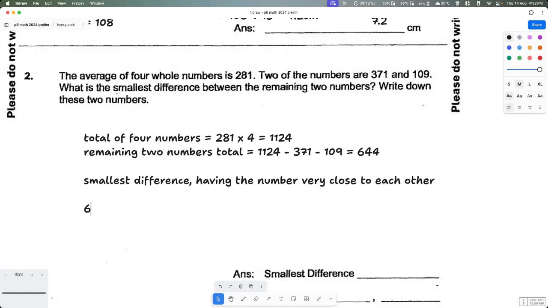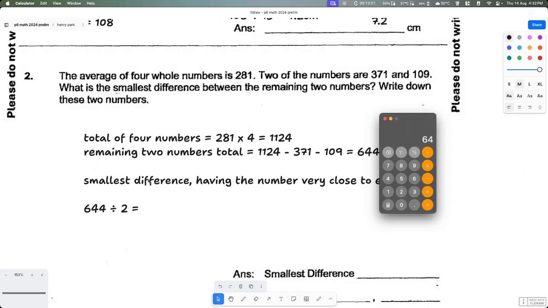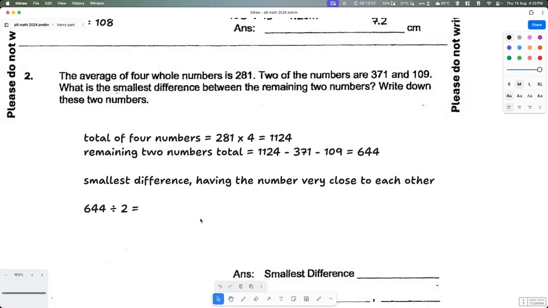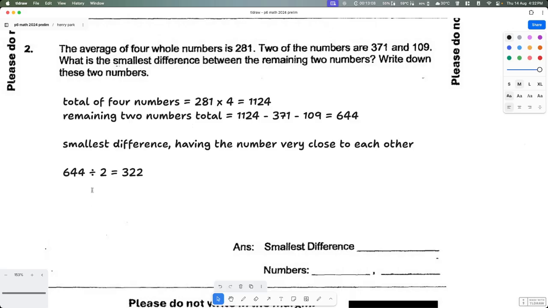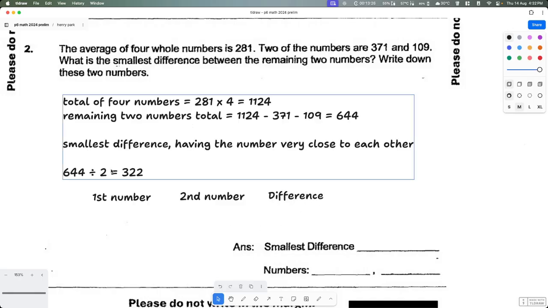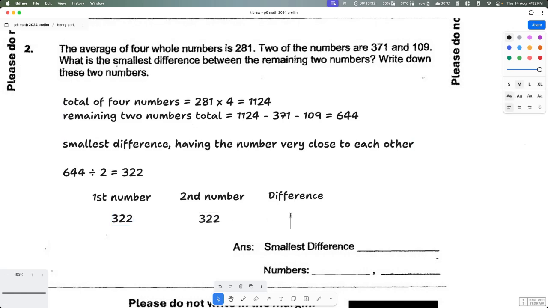That means 644 divided by 2. Let's do that. 644 divided by 2 will be 322. So we have the first number, the second number, and then the difference. We want to get the smallest difference. So 322 minus 322, the difference is 0.